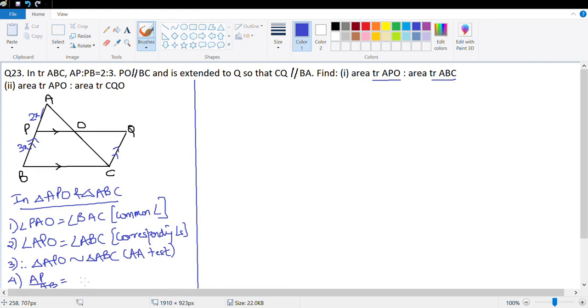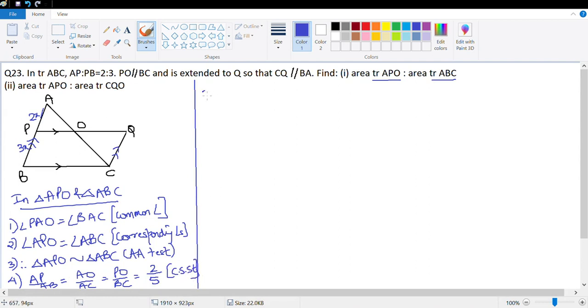Which means AP upon AB should be equal to AO upon AC should be equal to PO upon BC, where AP is given as 2x and AB is given as 2x plus 3x, that's 5x. This is CSST.